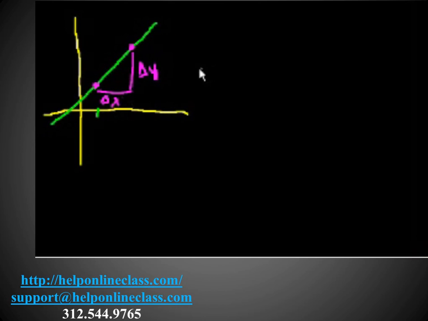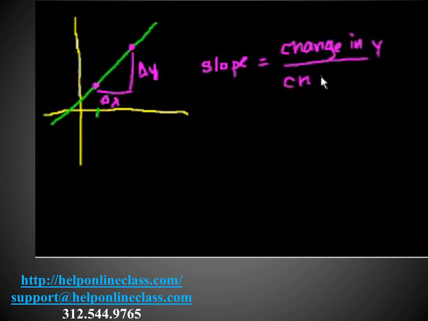Delta x. And we figured out that the slope is defined really as change in y divided by change in x, and another way of saying that is delta y divided by delta x. Very straightforward. Now what happens though if we're not dealing with a straight line?